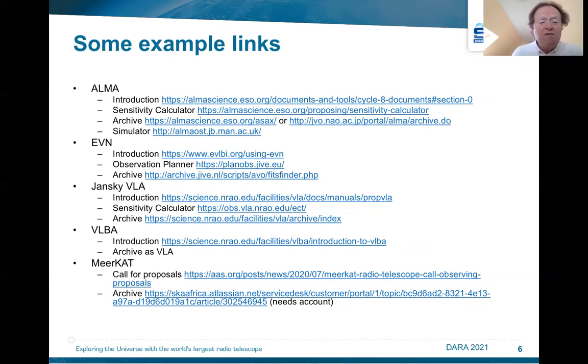In one case, I've also put a link to the simulator, and I'll come back to that in a minute. This is not an exhaustive list. Obviously, there are many other telescopes which have similar setups, but these are perhaps the most interesting ones for the purposes of the Dara School.